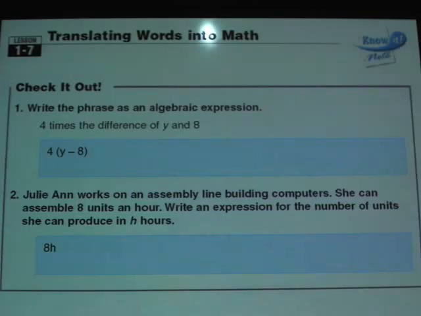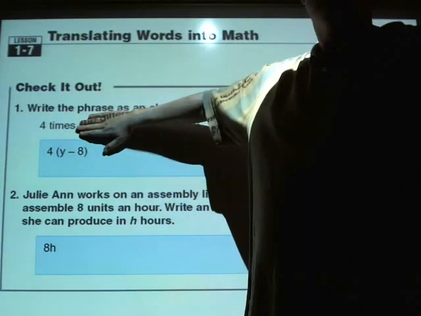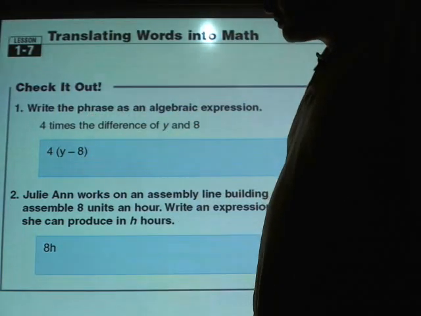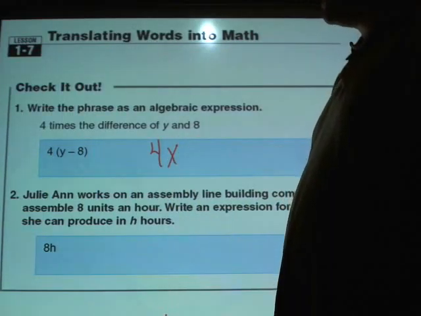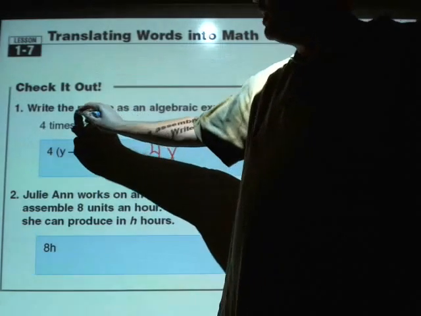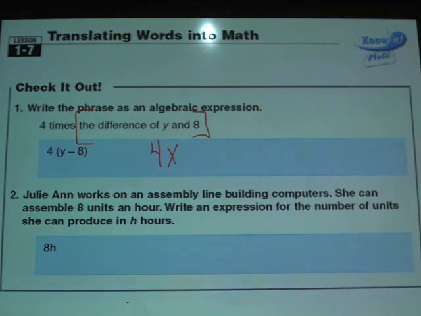So let's break this one into pieces. Now, forget that this says 4 times the difference of y and 8. If this just said 4 times, let's make it something simple, 7, you would write 4 times 7. So we already know that we're going to take 4 and multiply it by something. We're going to take 4 and multiply it by this entire thing here, which says the difference of y and 8.